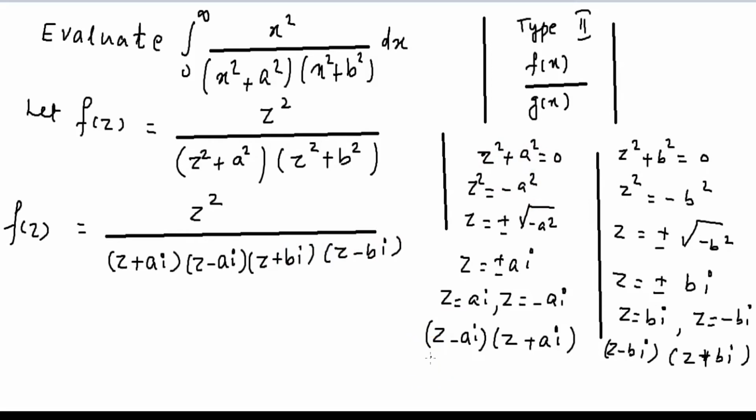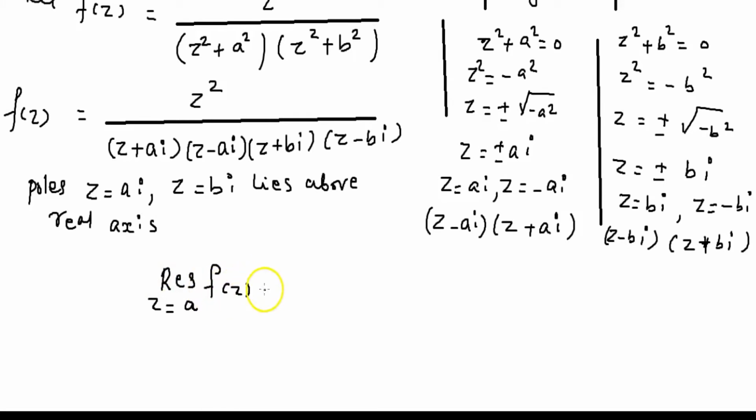In type 2, we find the residues of only above real axis poles. Here z is equal to ai and z is equal to bi lie above the real axis.